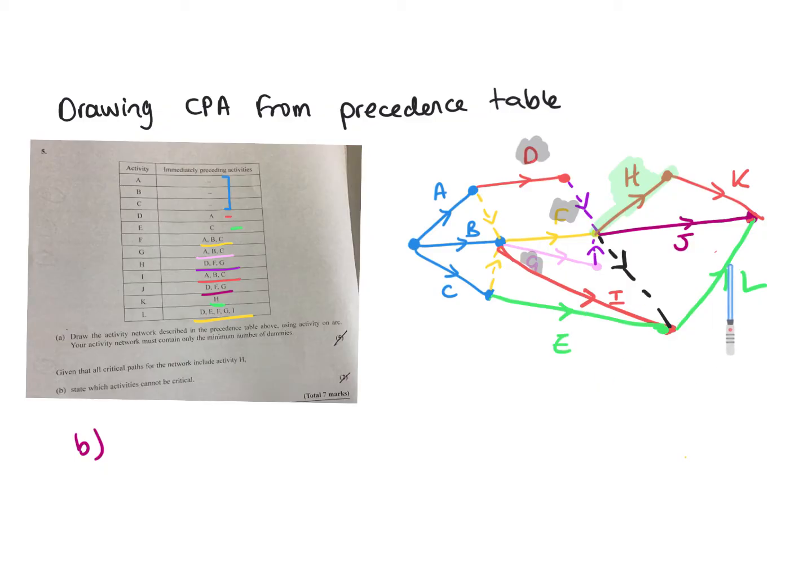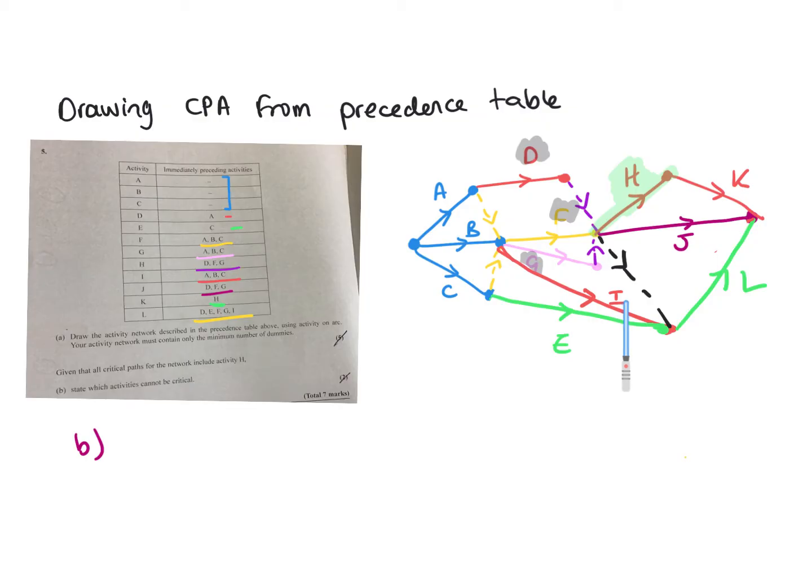L, I and E. Because it could go C, could go from here to here, up to F, then up to H. Could go C here, then down to G and up through H. But I, E, L and J, we could never start here and get to them to go through H. And remember, a critical activity will form a critical path.